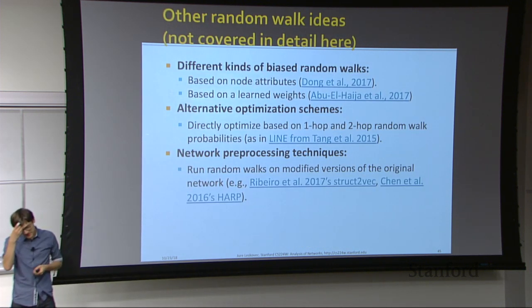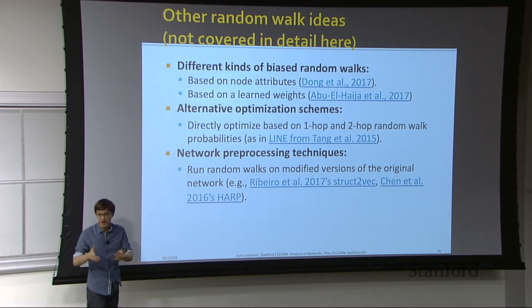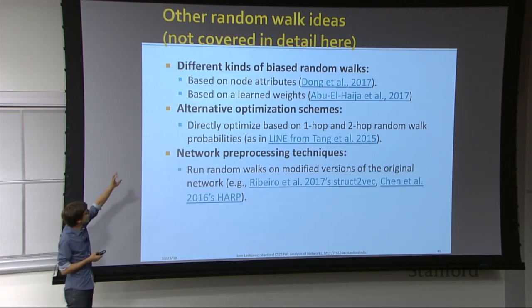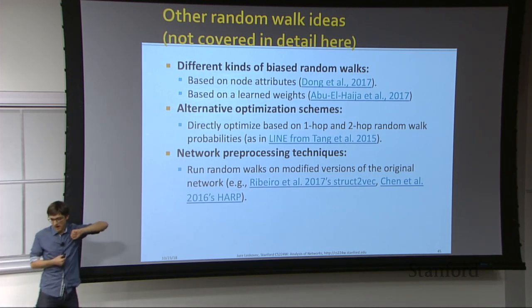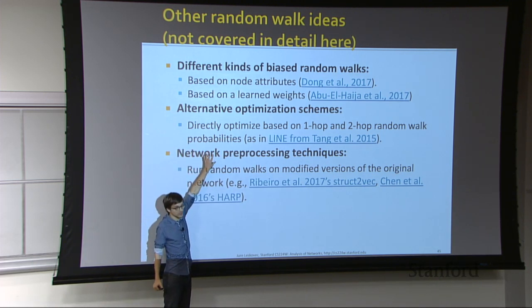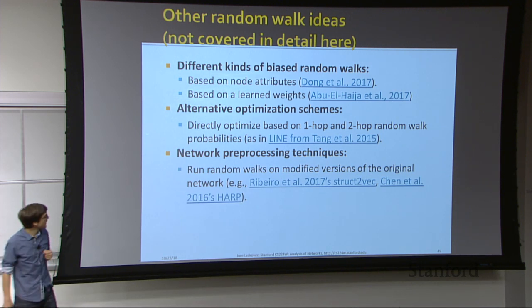What I also want to say is that there is very rich literature and a very active research area around here, thinking about how we do different kinds of biased random walks, how we can come up with different optimization schemes and optimize parameters in different ways.